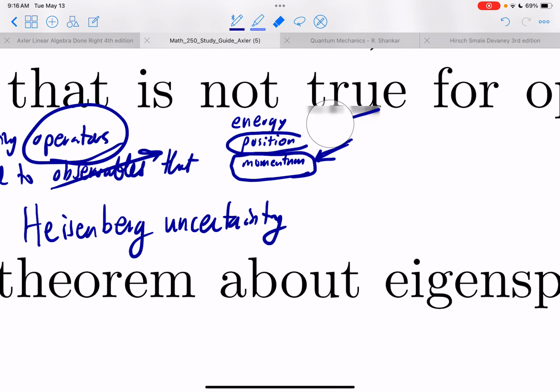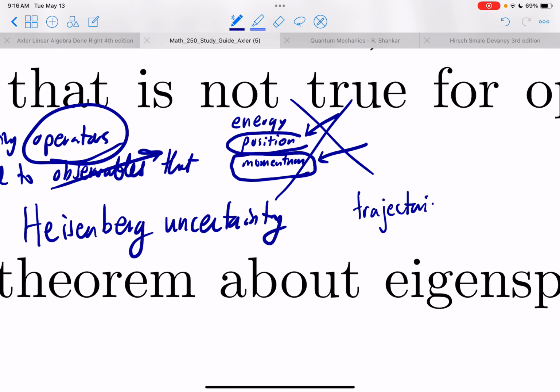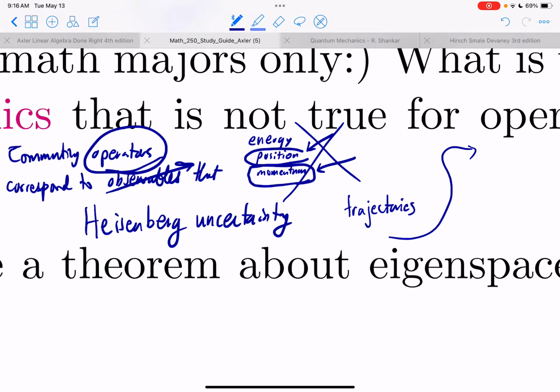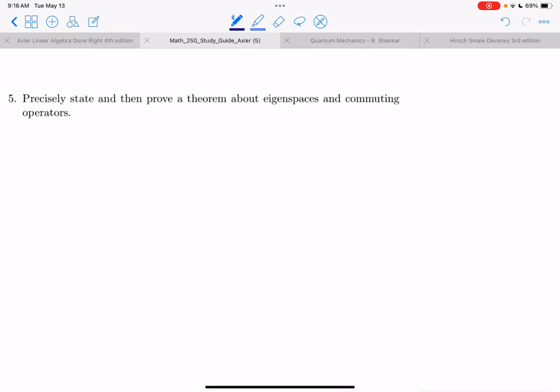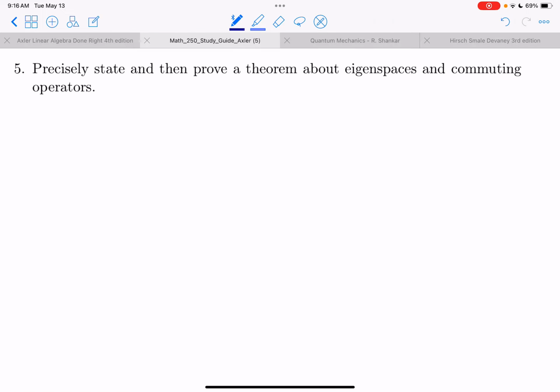If position and momentum commuted, then it would be possible to know the position of a particle exactly and know the momentum of the particle exactly. But that does not happen in quantum mechanics, and hence the idea that particles travel along trajectories through space is no longer true.